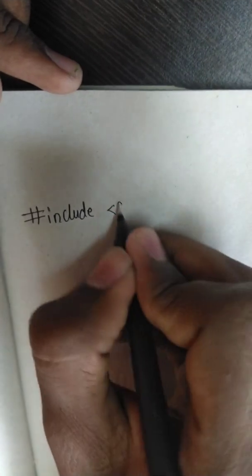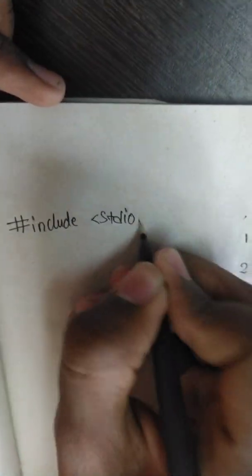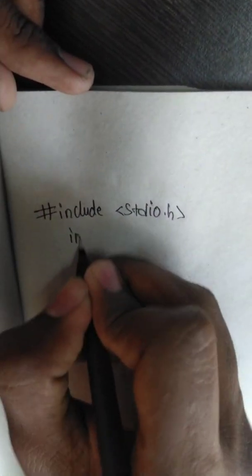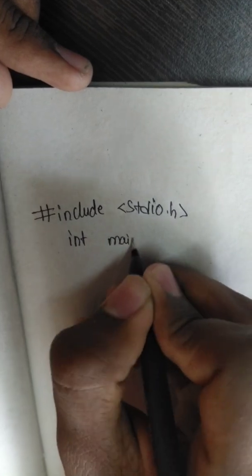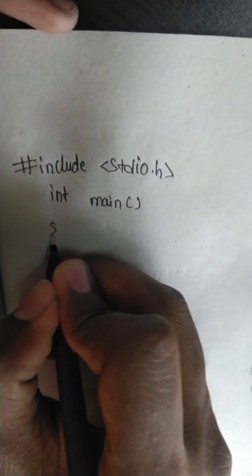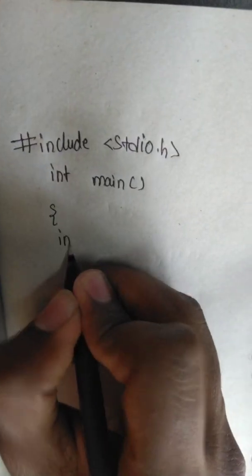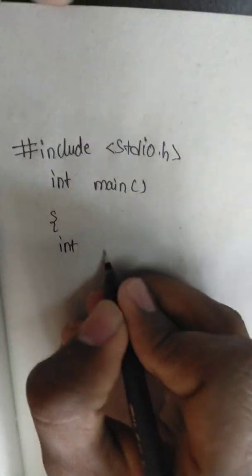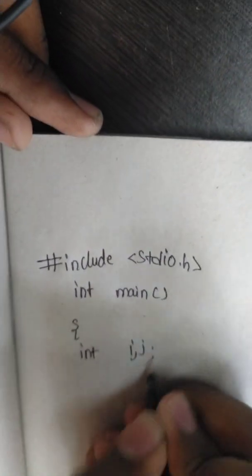Okay, let's start the program. #include <stdio.h>, in main, open braces, int i, j. As I said before, i is rows and j means columns.